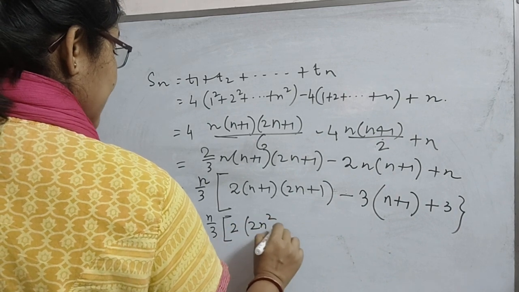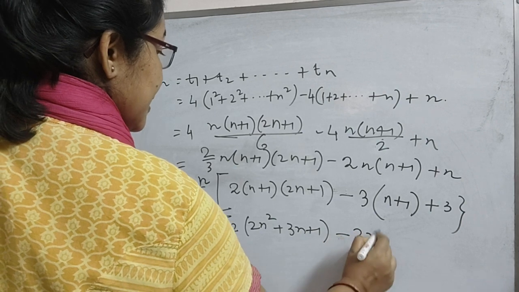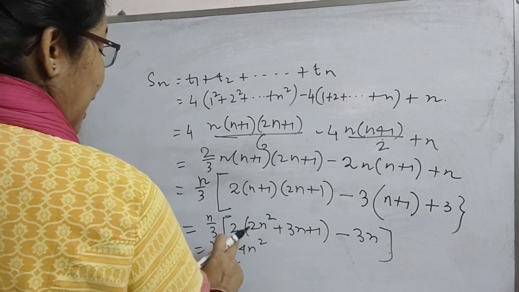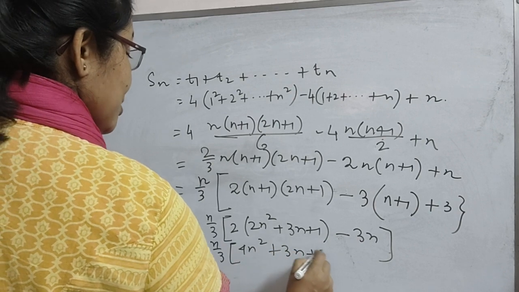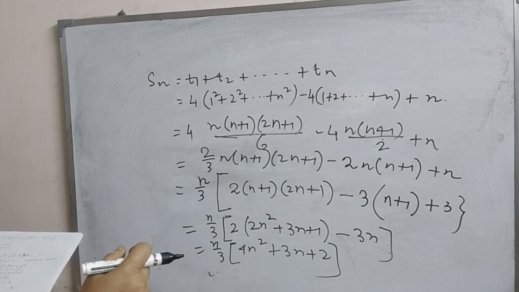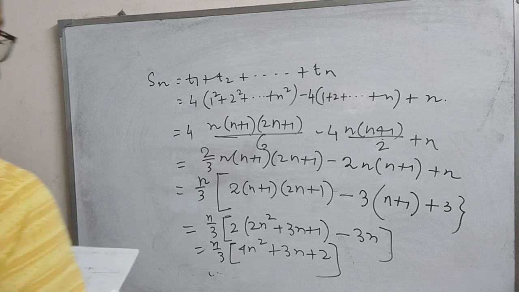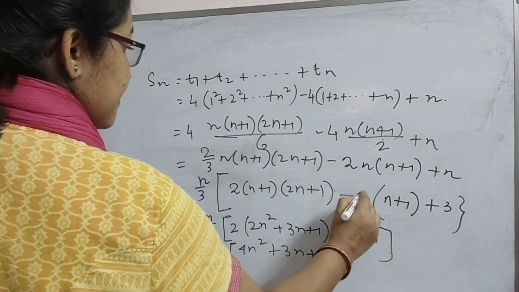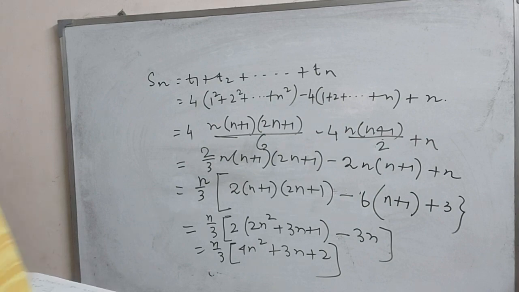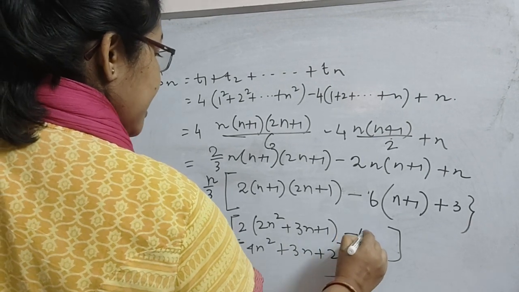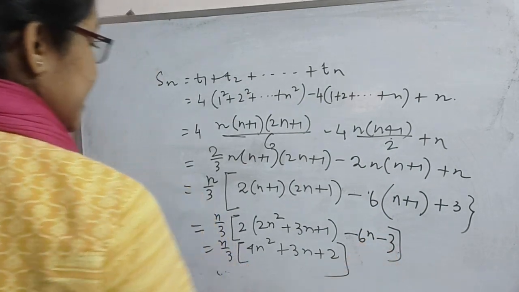2n square plus 3n plus 1 minus 3n. Minus 3 plus 3 cancel out. n by 3 into 4n square plus 6n minus 6n minus 6 plus 3, this is equal to minus 3.